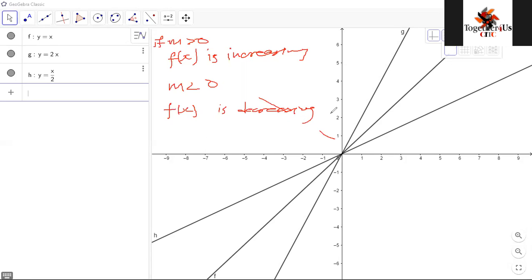We will start looking at functions and real life applications of functions, but we will get to that as we move on. For now, I just want you to internalize this concept and understand the effect of the gradient. In the next video, I will talk about the effect of the y-intercept.